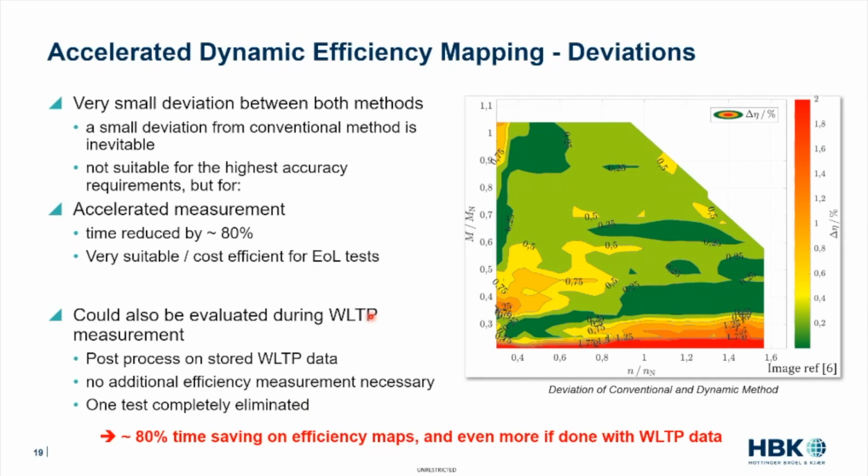It was just not a set point test, it was a WLTP test. And now you use the method to do switching-based power measurement on the WLTP data, and you can get the efficiency map for free out of your WLTP data. So you basically don't do a test at all for your efficiency map. You use the data you already have for your WLTP testing, post-process it, and you get your map out of that. So you completely eliminate one mapping.